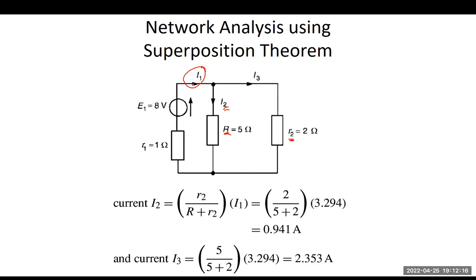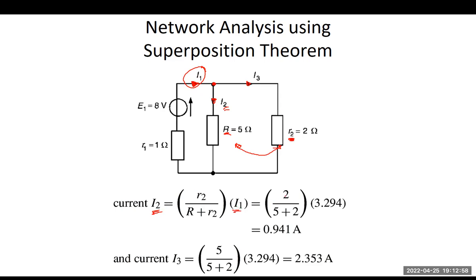So we have a current entering this node that will now be divided into I2 and I3. Since the current will be divided, we can make use of the current divider formula. For I2, we have R sub 2 over the sum of R and R2 multiplied by the current that we have already determined, that is I1.